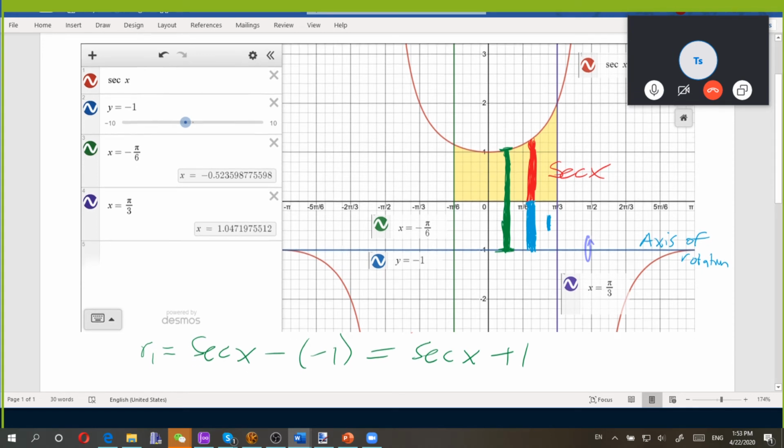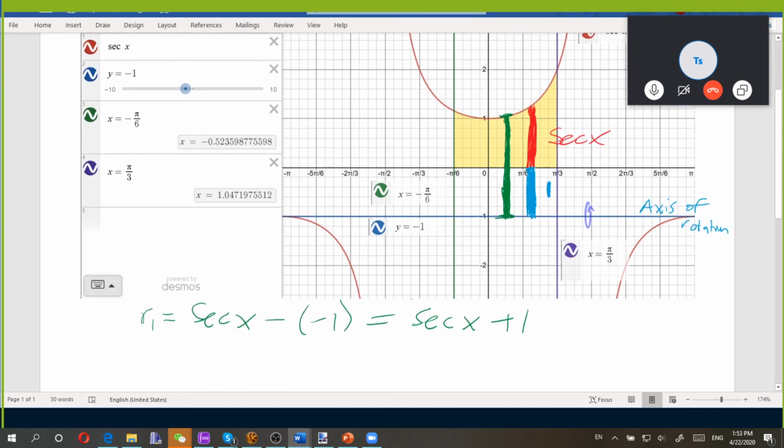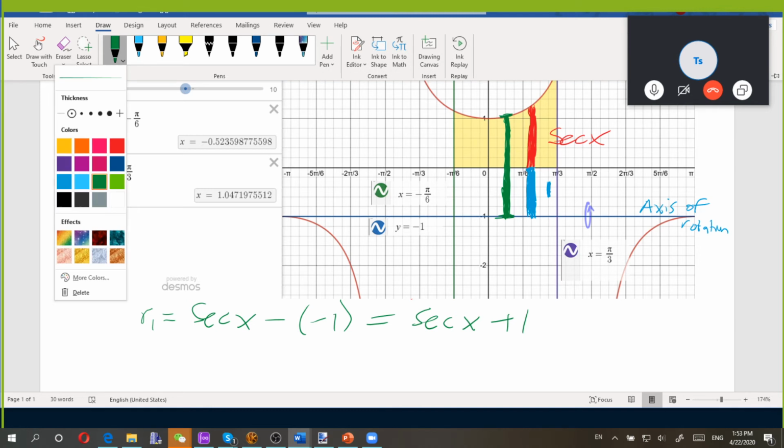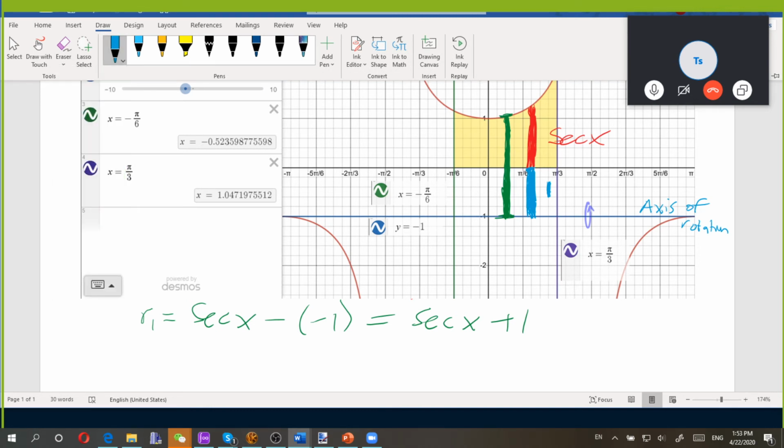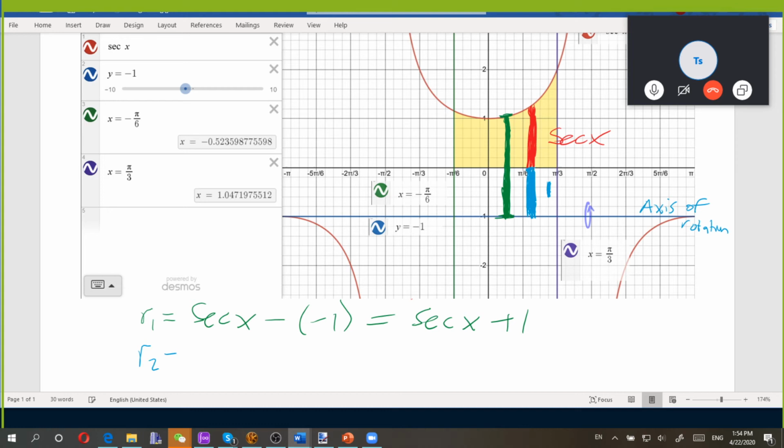Jana, I also need an R2, which is my distance from the inside of this area to the axis of rotation. What is our R2? -1.